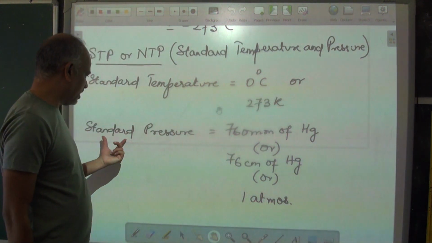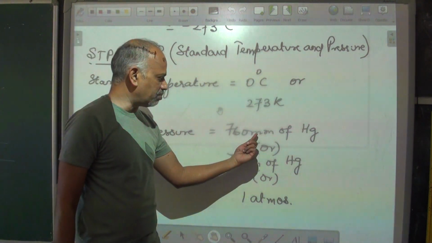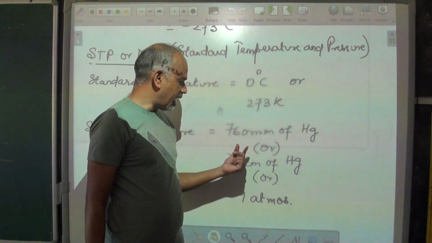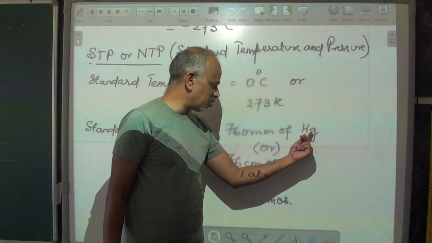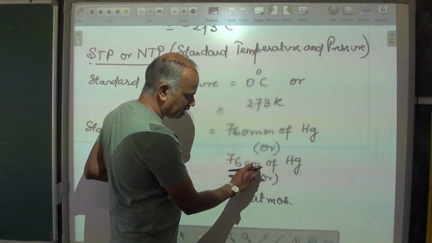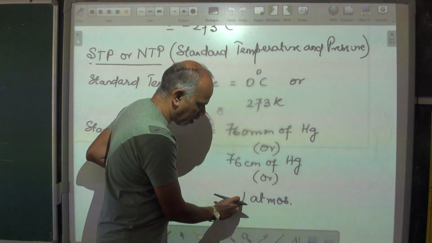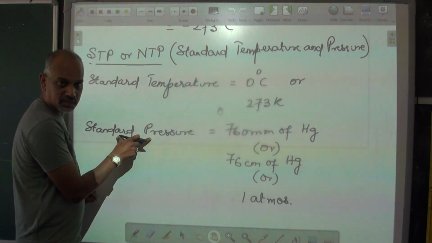Similarly, the standard pressure is 760 millimeters of mercury. If it is in millimeters, it's 760, and if it is in centimeters, it is 76. So 760 millimeters of mercury or 76 centimeters of mercury, or it can also be 1 atmosphere. This is your standard pressure.